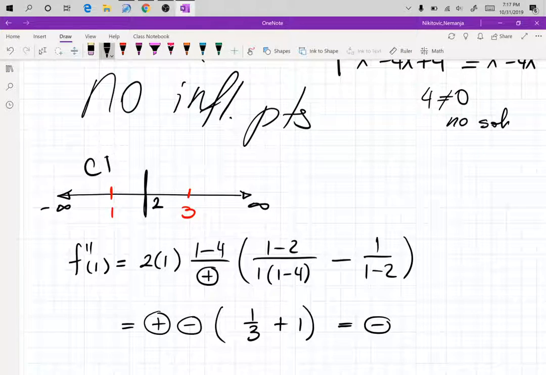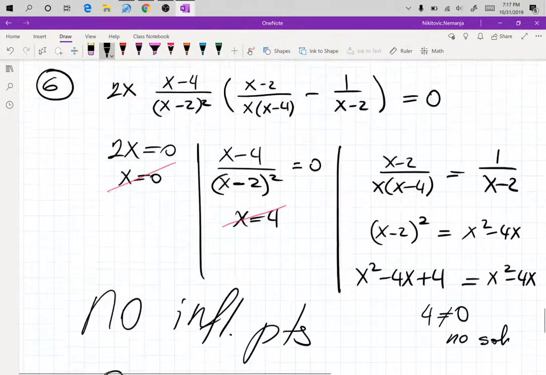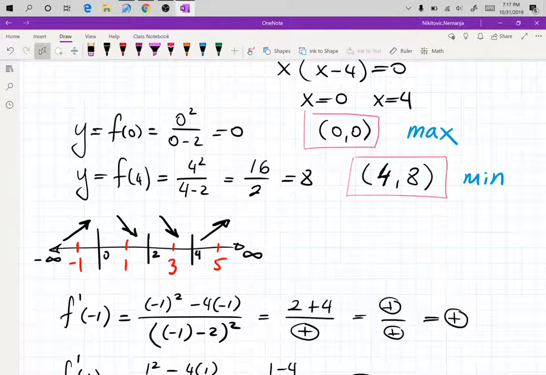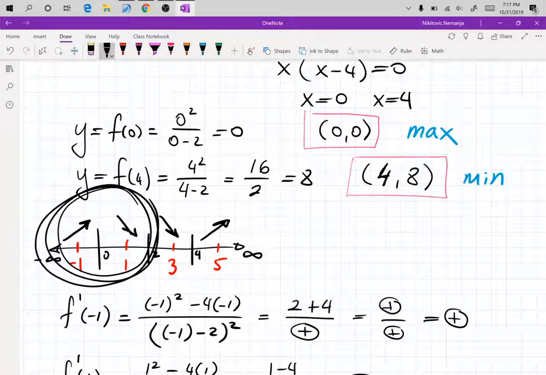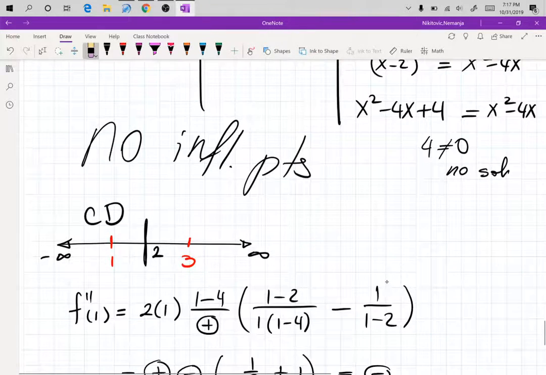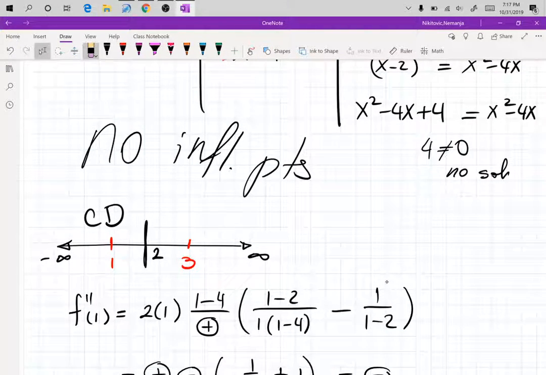And I have concave down on the first one. Now, does that make sense, to have concave down to the left of 2? Yeah, doesn't that look like concave down? The whole second derivative test in this case is a waste of time, but hey, it's good practice, and we warmed up.